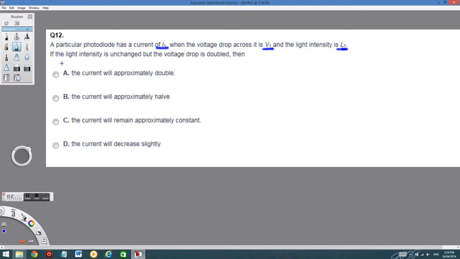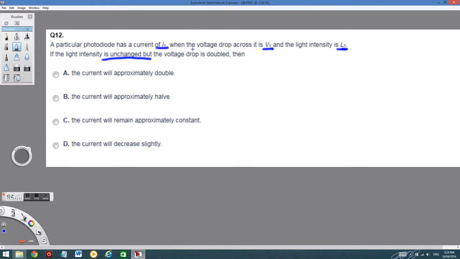So if the light intensity is unchanged, and somehow the voltage drop is doubled, then what happens? I will give you a few seconds to have a look. Choose your answer there.